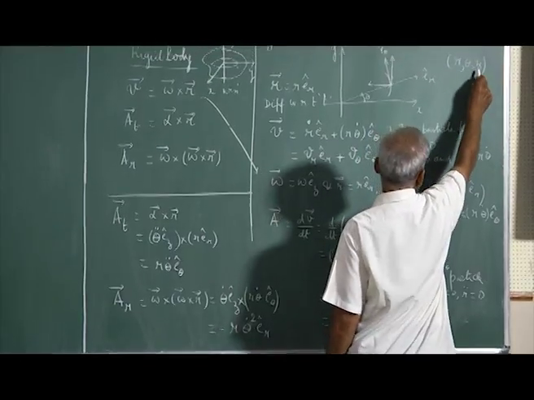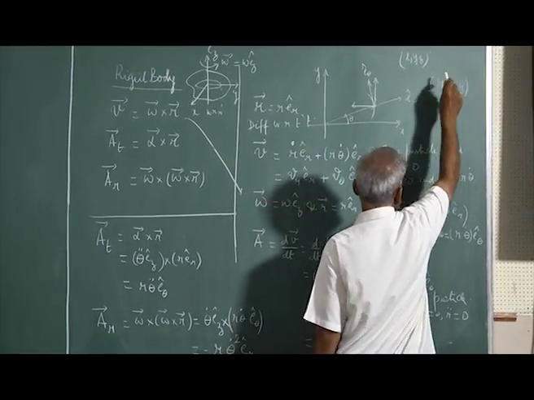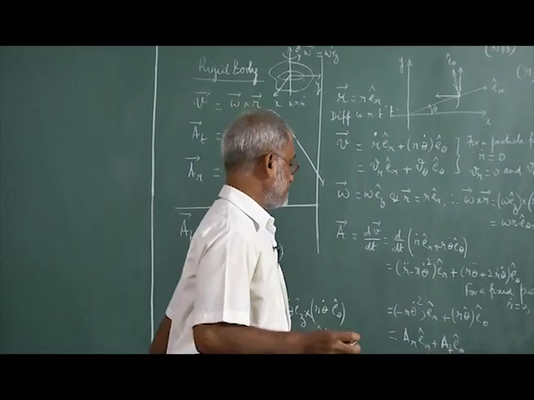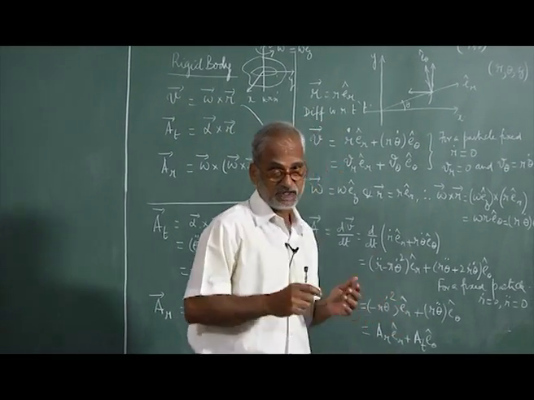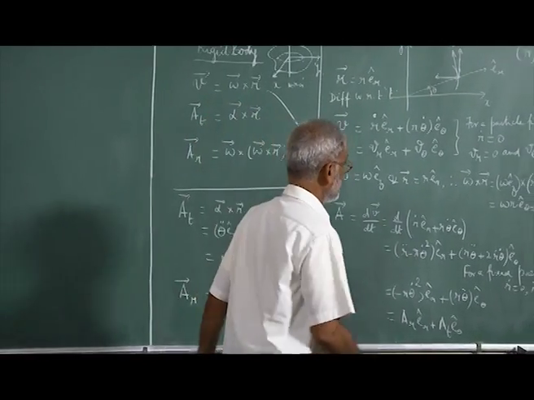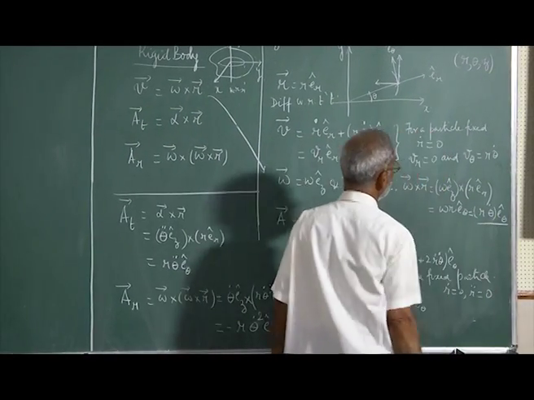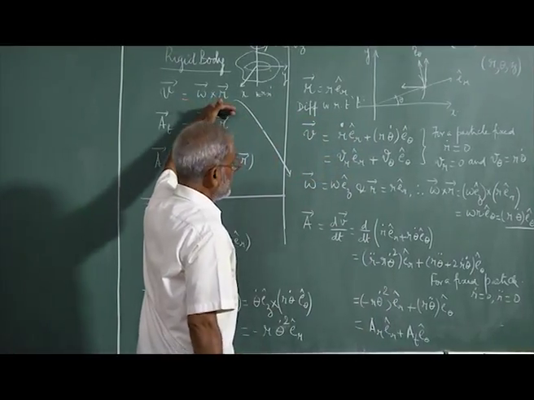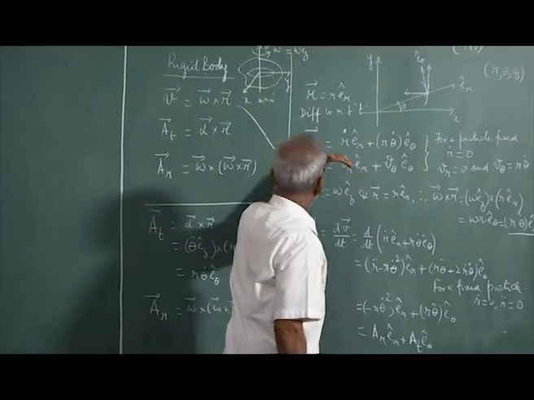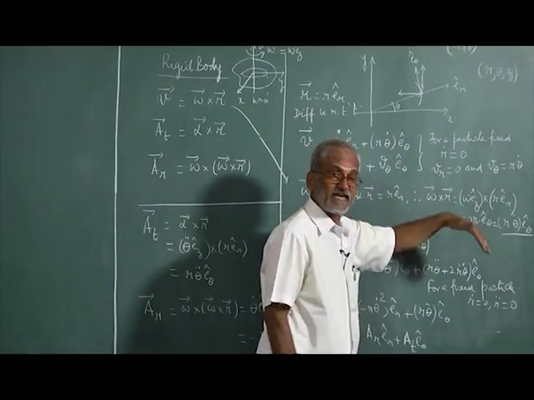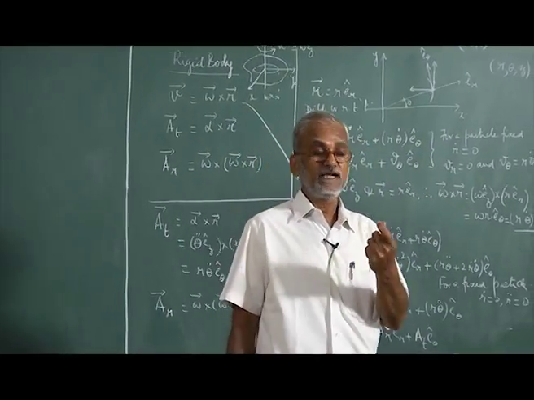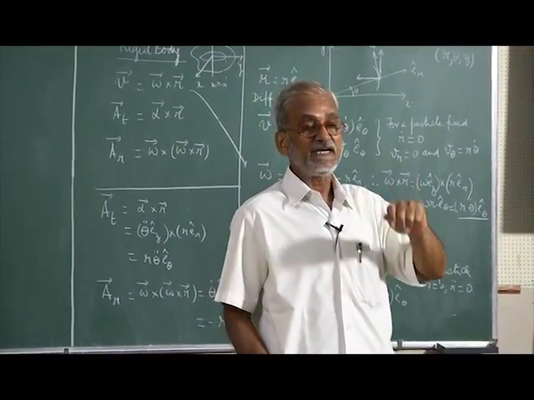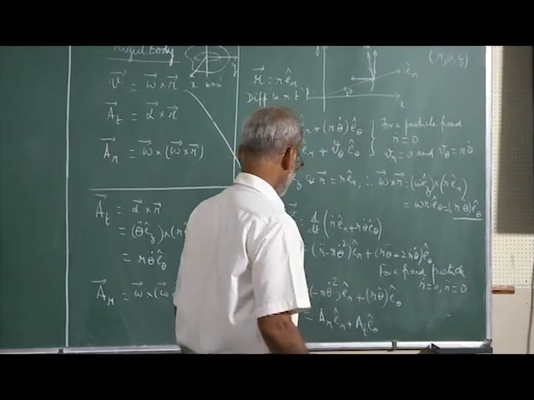Ez cross Er would be E theta, something like i cross j is k, j cross k is i, in that sense I will get here E theta. Now you see here, whatever results you get from here are obtainable from the free motion of a particle in 2 dimensions, subject to the condition that you are fixing the radial coordinate.